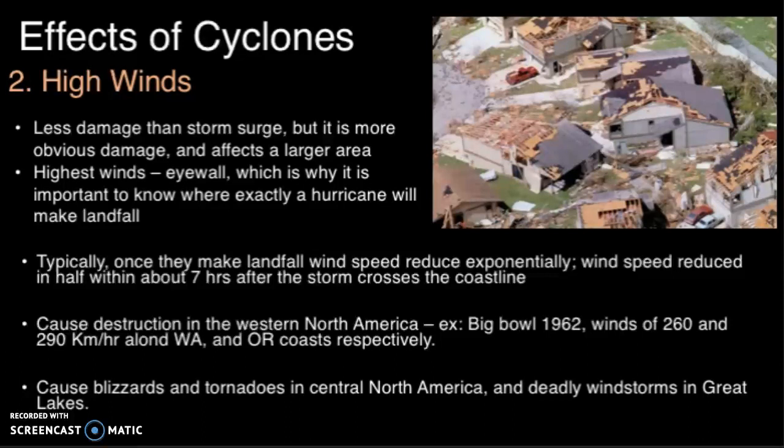The highest winds occur again at the eye wall, which is the next-to-center layer of clouds, which is also why it is important to know where exactly a hurricane will make landfall.